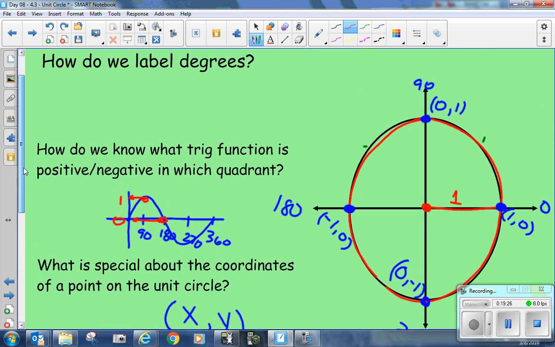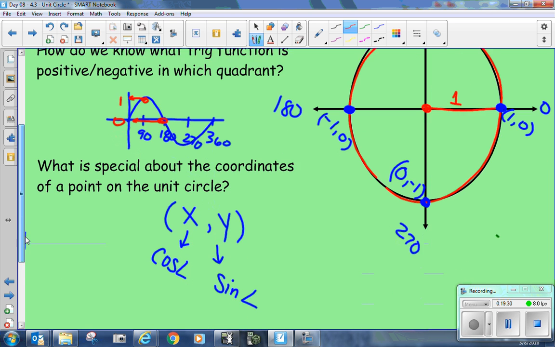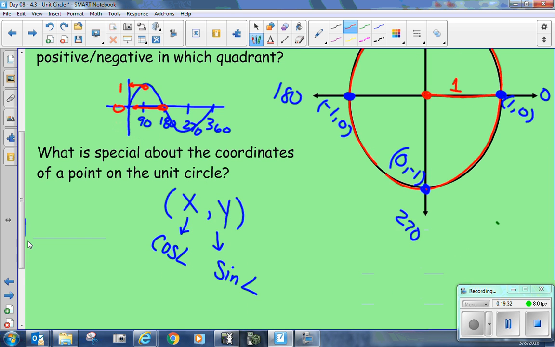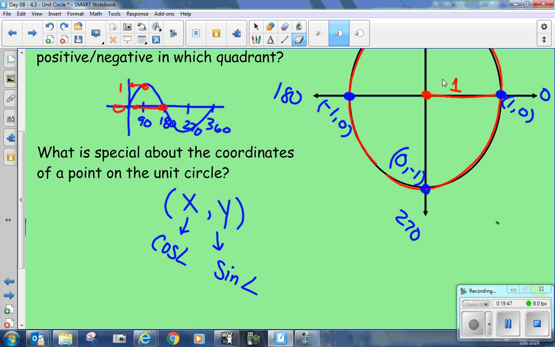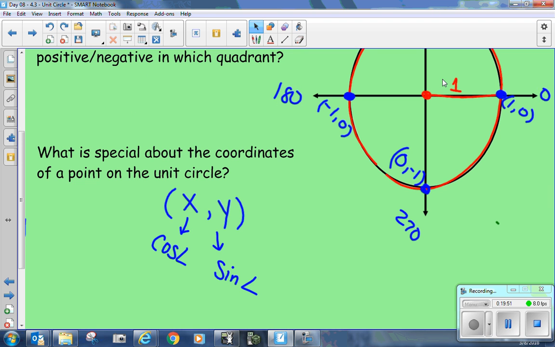Holy smokes, look at that. What's the cosine of 270? Cosine. 0. That's it. That helps out big time when you know stuff like that. There we go. So let's start doing this stuff.